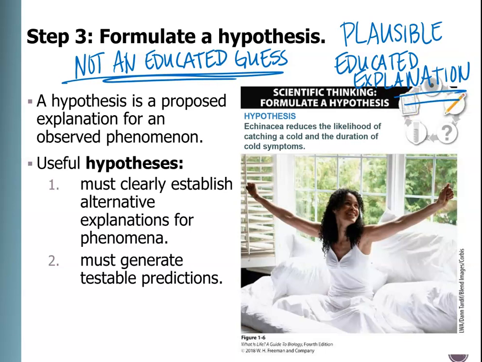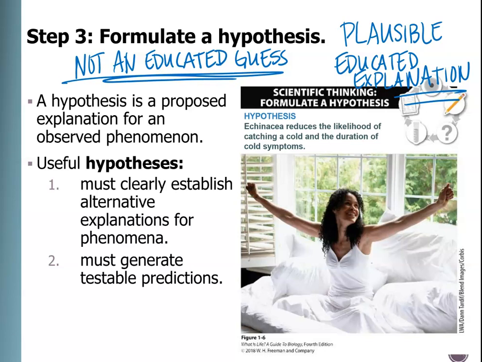So a hypothesis is a proposed explanation for your observed phenomenon based on what you already know about your topic. Now, I guess there could be some situations where you actually know nothing. And at that point, you would go do some research to see what is already known and then formulate your plausible, educated explanation.